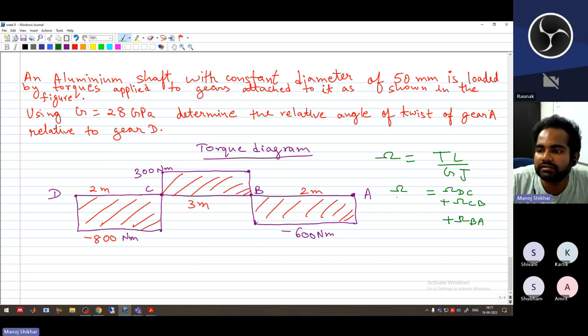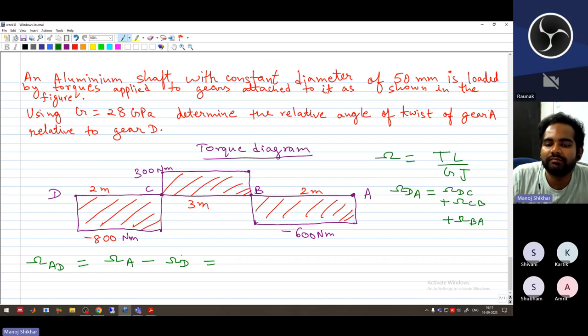It will be omega DA actually. Okay. What will be omega AD? That is basically omega A minus omega D. So how I was able to write this, I will show it here for this part. How did I write omega A minus omega D?